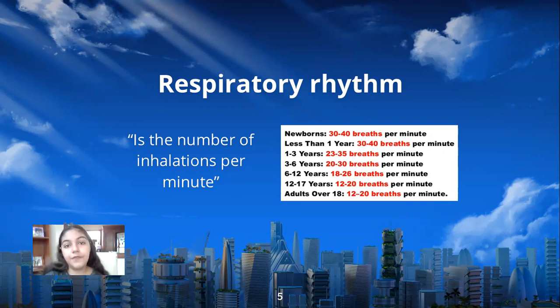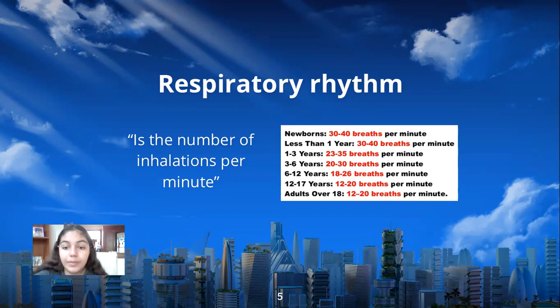For example, I'm 15 years old, so my respiratory rate is going to be between 12 and 20 breaths per minute. But it could vary if I'm going to run, go to the gym, or do any sport, because my muscles are going to work more, so I am going to need more oxygen, and because I need more oxygen, I have to breathe faster, and my respiratory rate is going to increase.